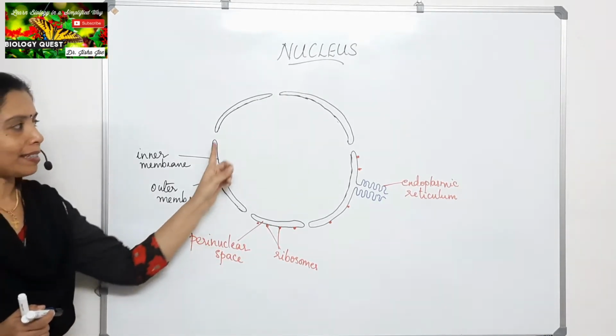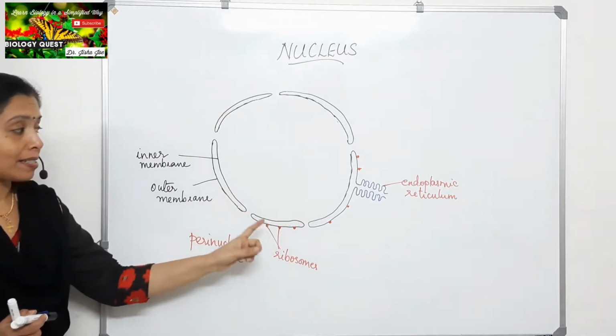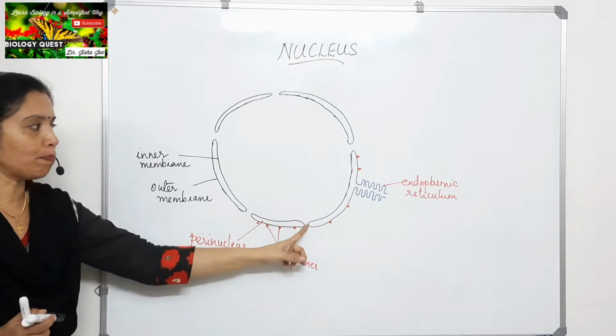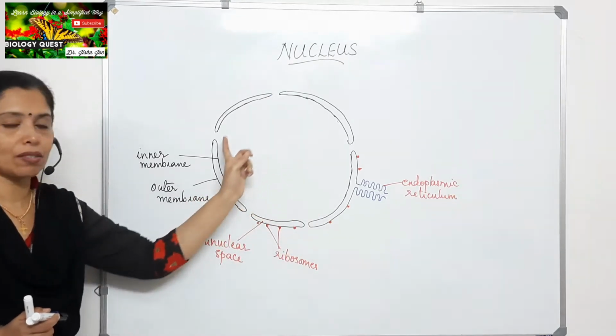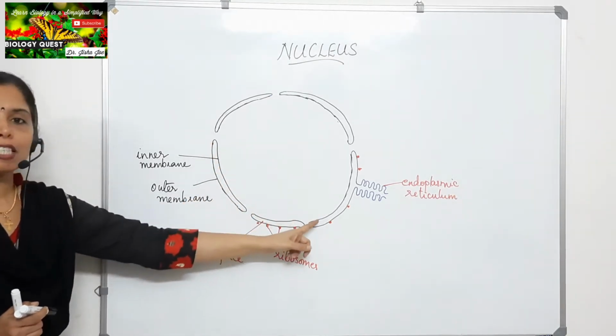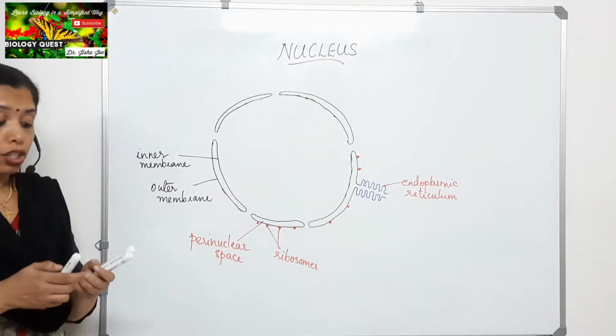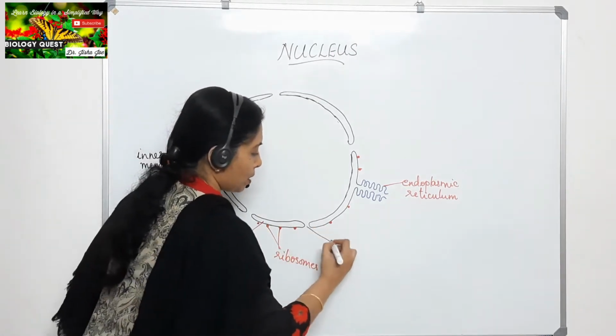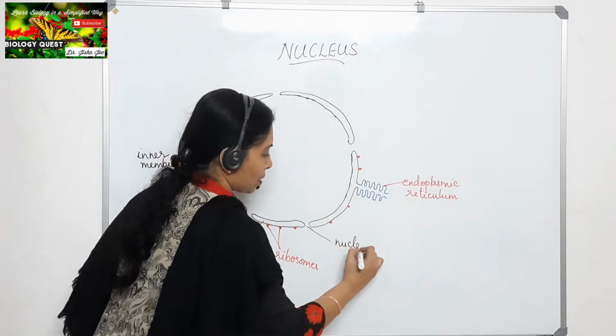If you look at the nuclear membrane, you can see it is not continuous but has several pores in between. Can you see small pores there? These pores are called the nuclear pores.